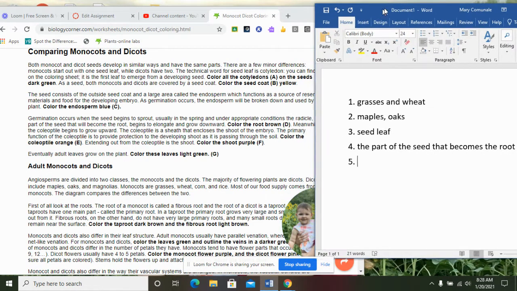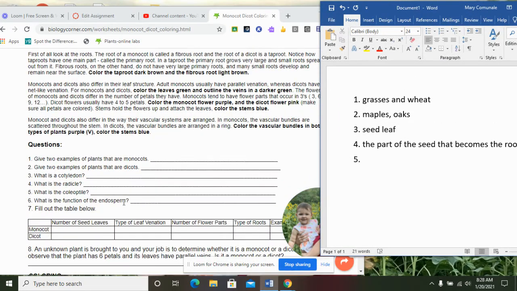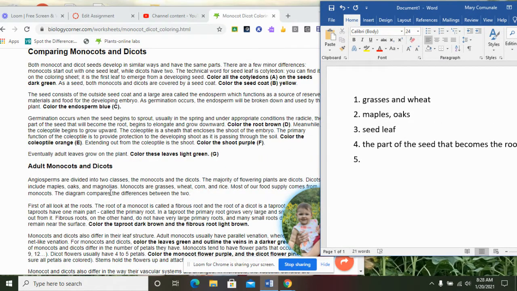Part of the seed that becomes the root, you can see. All right, I have no idea if I'm actually saying that word right or not, but we'll go with it. Coleoptile. It's a sheath that encloses the shoot of the embryo.